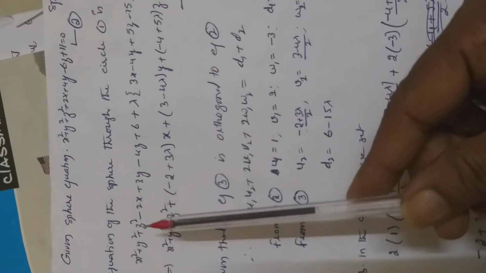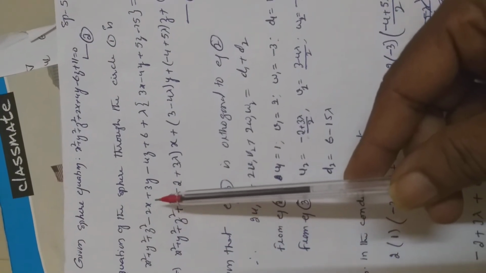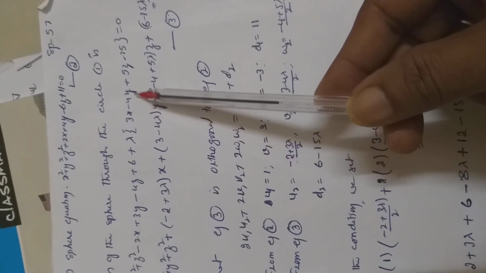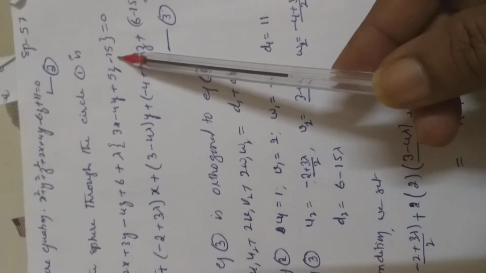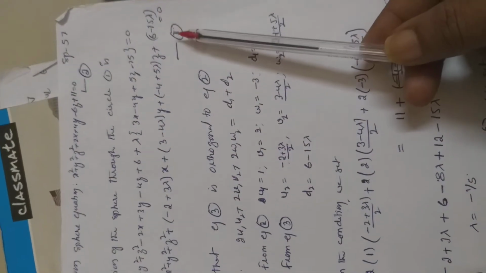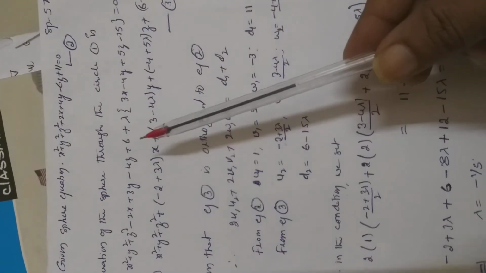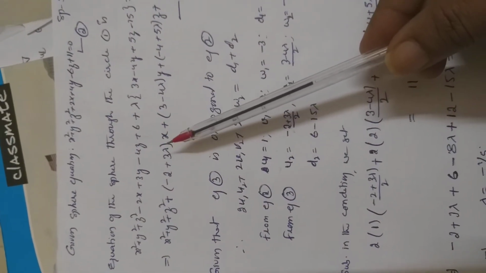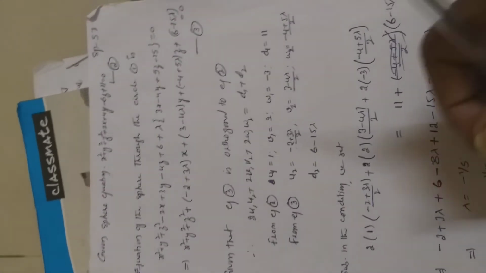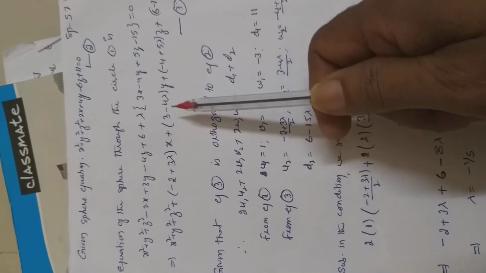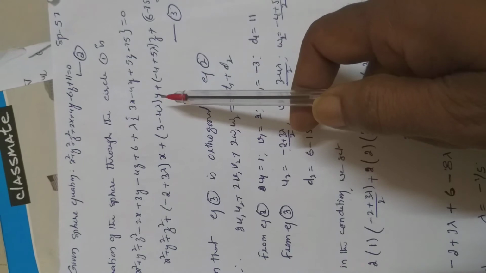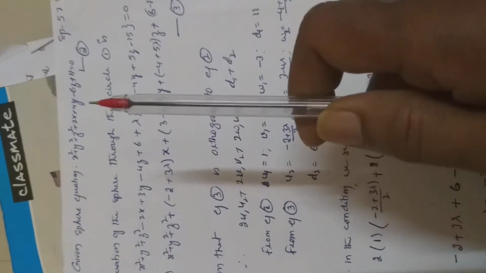So x square plus y square minus 2x plus 3y minus 4z plus 6 plus lambda into 3x minus 4y plus 5z minus 15 is equal to 0. Rearranging the terms, we get the required equation of the sphere. But here we don't know the value of lambda, we need to find it. This is our required sphere equation number 3, the sphere which passes through the given circle.